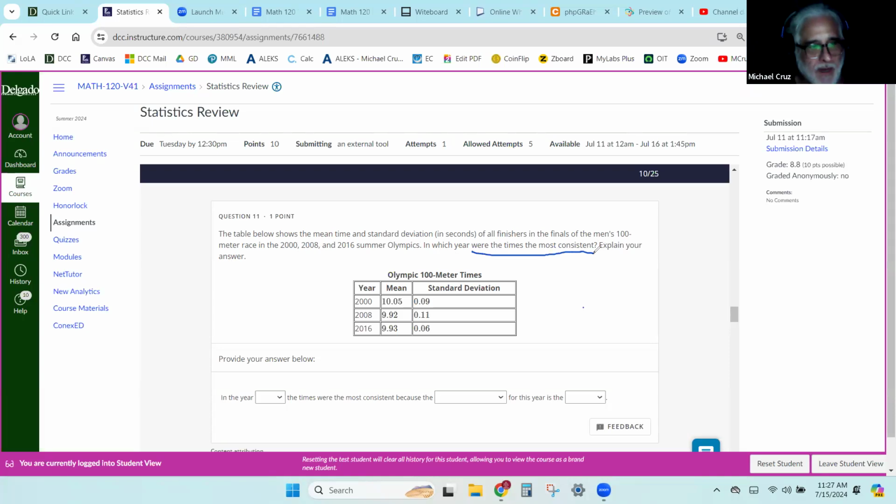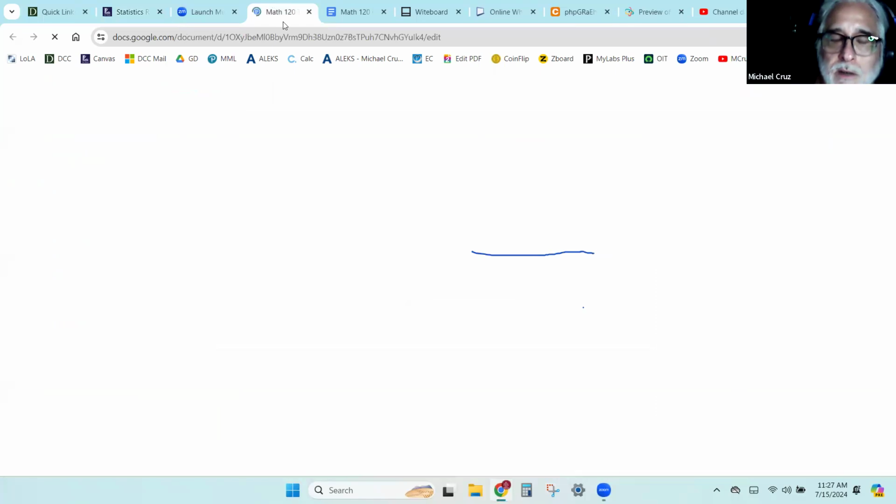Now, whenever we have data that's clumped together, in other words, not very well spread out, let's see here. I got the little drawing in here somewhere.